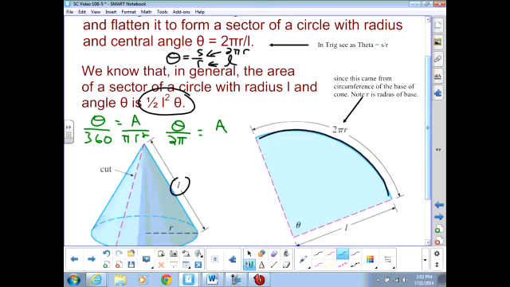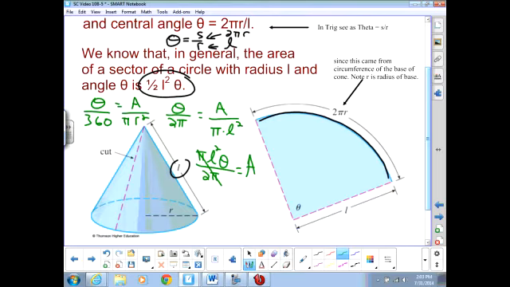We're going to find the area of our sector, and our radius, we said, was L. Well, if you multiply both sides by pi L squared, you get pi L squared theta over 2 pi equals your area of the sector. The pi's cancel out, and dividing by 2, that's your 1/2, and you've got L squared theta. So that's where the area of the sector part comes from.